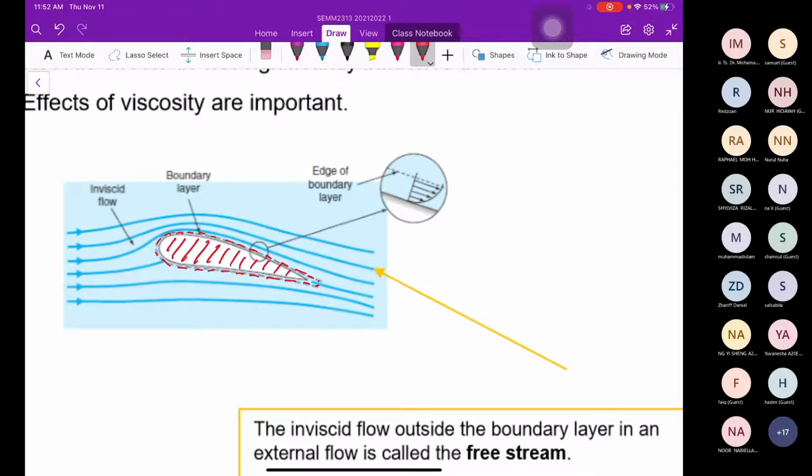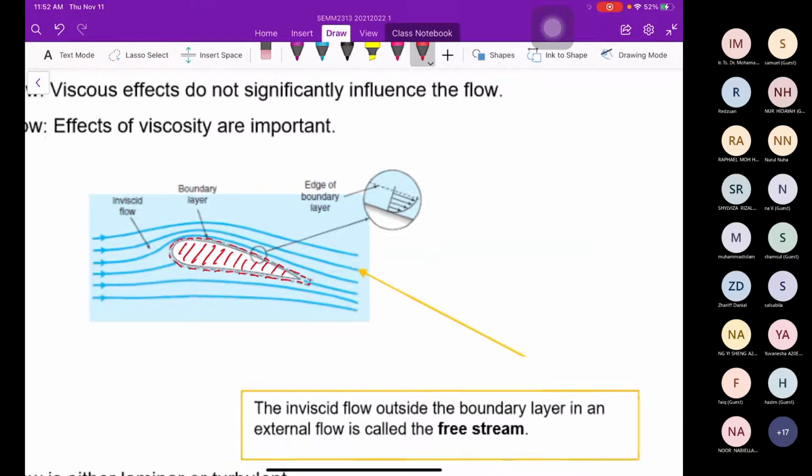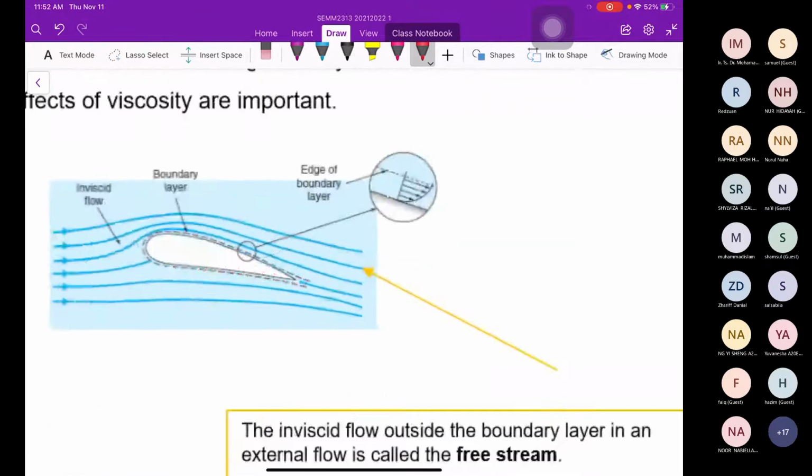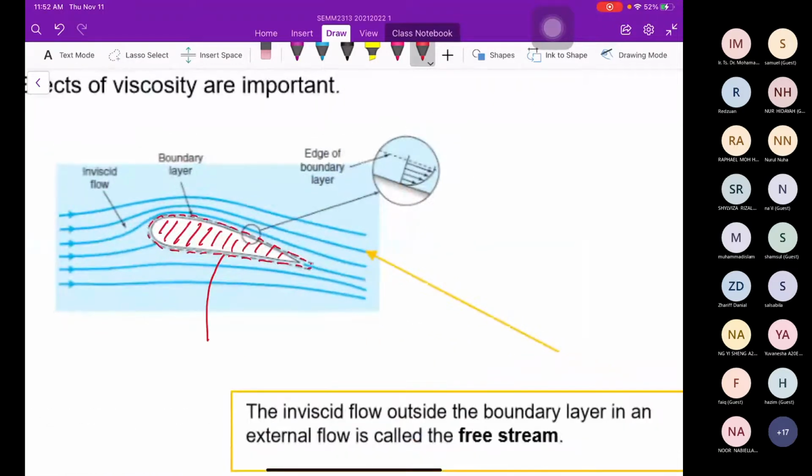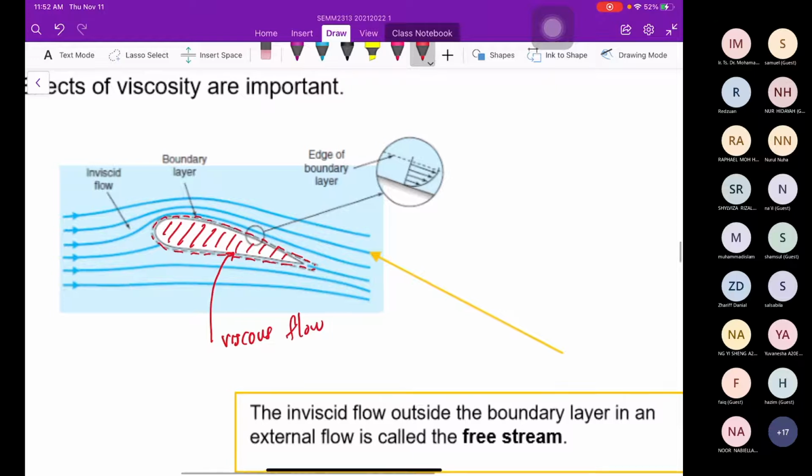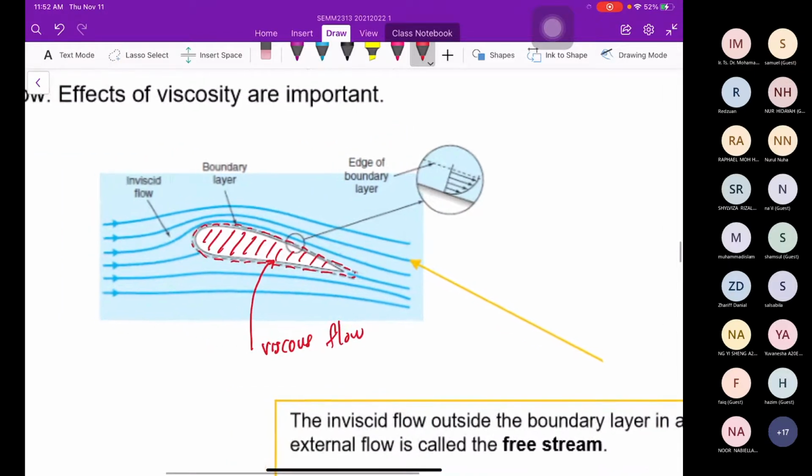Inside the boundary layer, it involves viscous flow. For the inviscid flow, it is outside of the boundary layer.